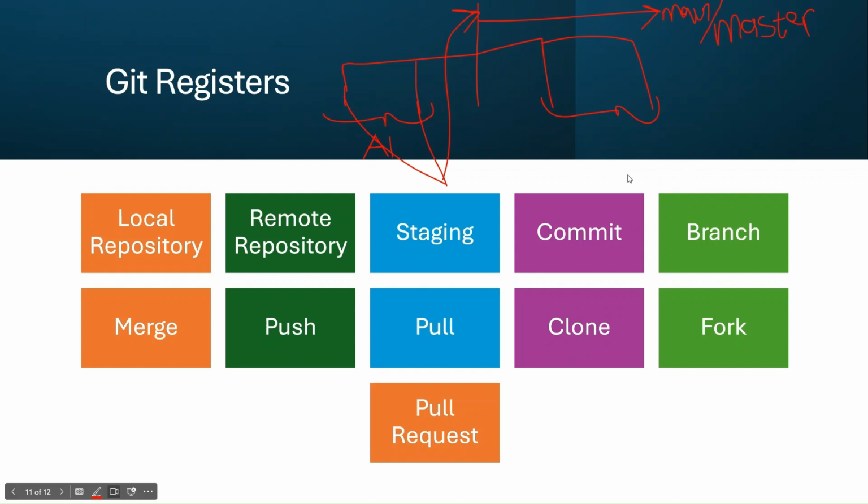Next is push. Like I said, push is the act of uploading your local commits, what you have locally on your laptop or system in your local repository, to a remote repository.